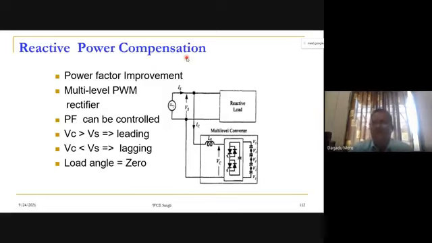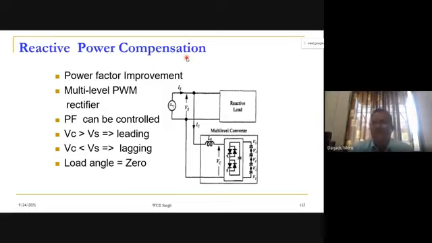VC and VS. The angle between VS and VC. We are just showing a generalized diagram. So the angle between the supply voltage VS and the rectifier back EMF VC is called the load angle. And load angle is required only when we require active power flow. Our application has only reactive power compensation.